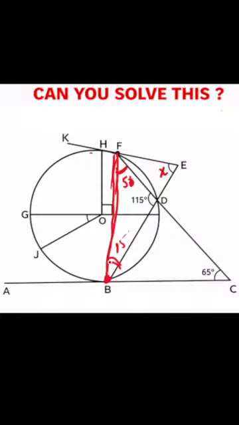Okay. Now if this is 15, look here carefully. This is also a chord, this one. Let me erase this one. I'll use a different color. This is also a chord and this is a tangent. So this angle is also going to be 15. Angle between tangent and chord, as I got 50, same way I can get 15 for this.